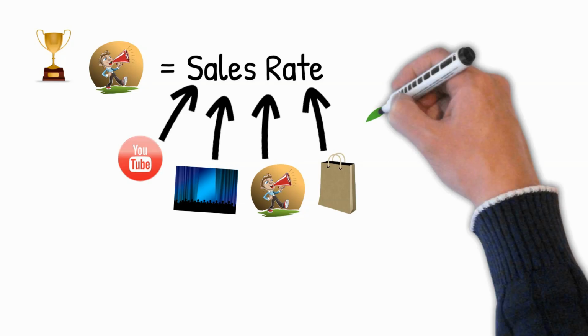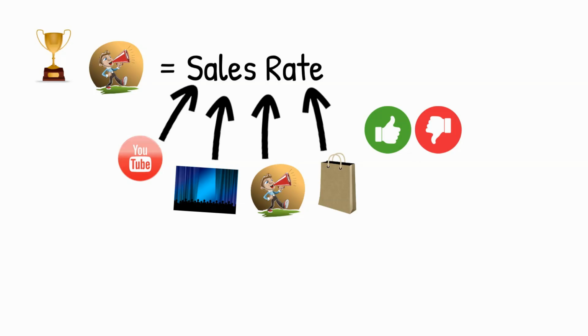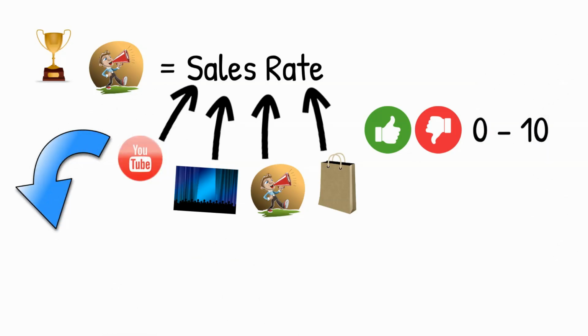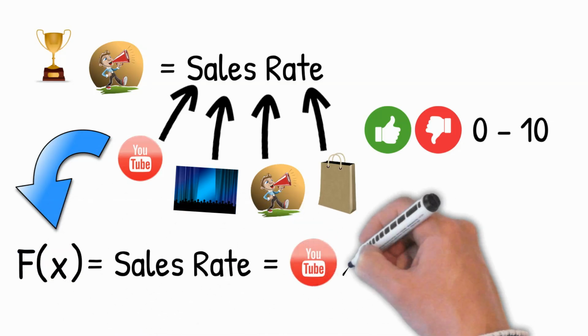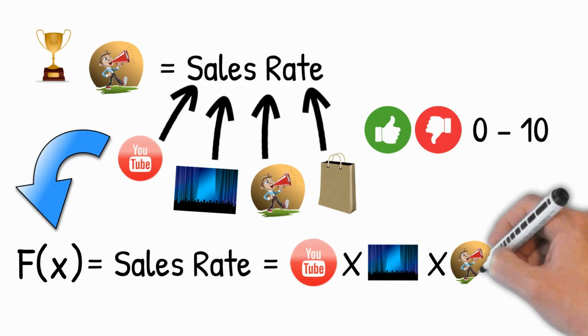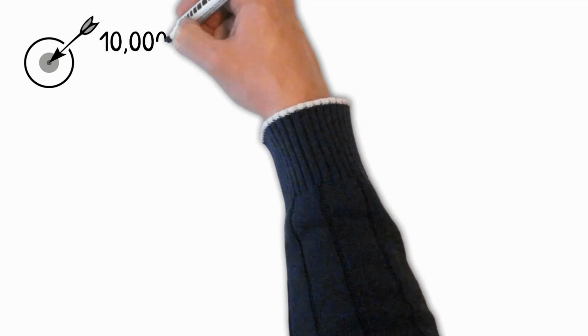Ben likes to rate each of those factors on a scale of 0 to 10, and insert them in what he calls the sales rate formula, which is media times audience times promotion times product, which means the perfect sales rate would be 10,000. He also says that the break-even point is usually at 4,000, which is where you start making a profit.